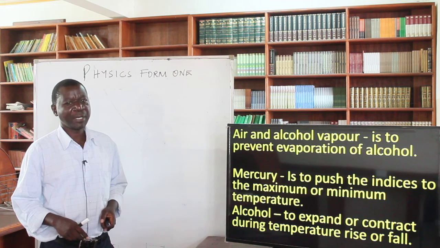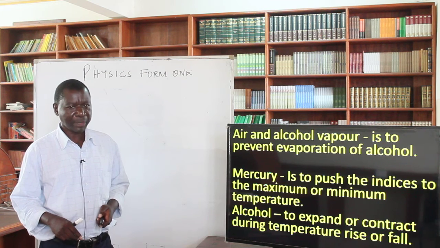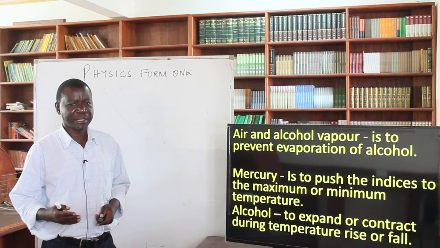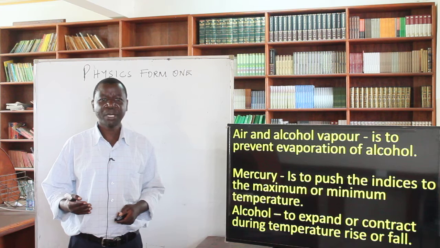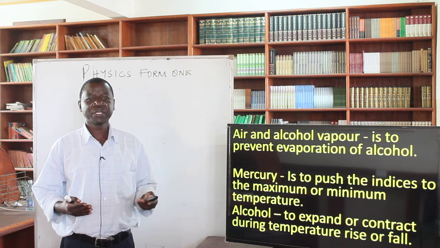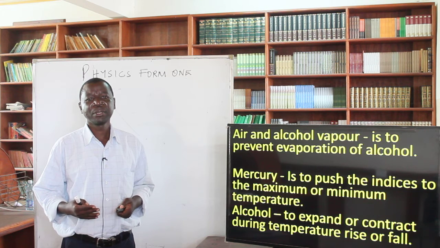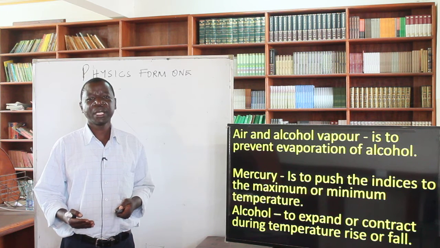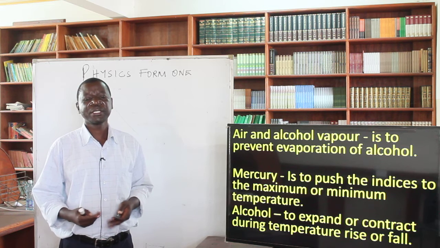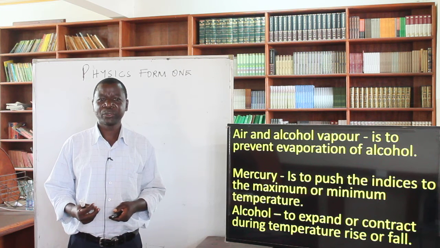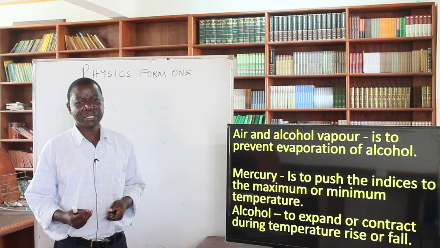Mercury. What's the function of mercury? Mercury is used to push the indices to the maximum or minimum temperature. We have seen that when the alcohol expands in the bulb, it pushes the mercury, and the mercury in turn pushes the index to get the maximum temperature.